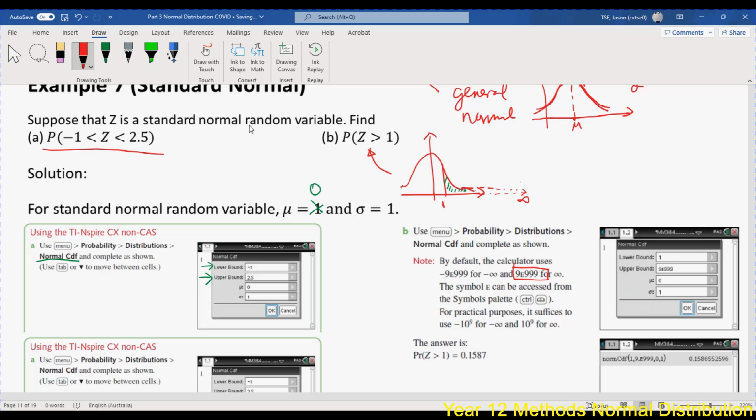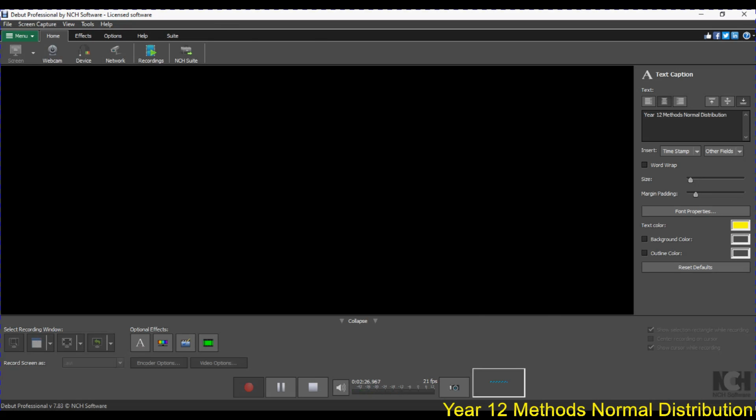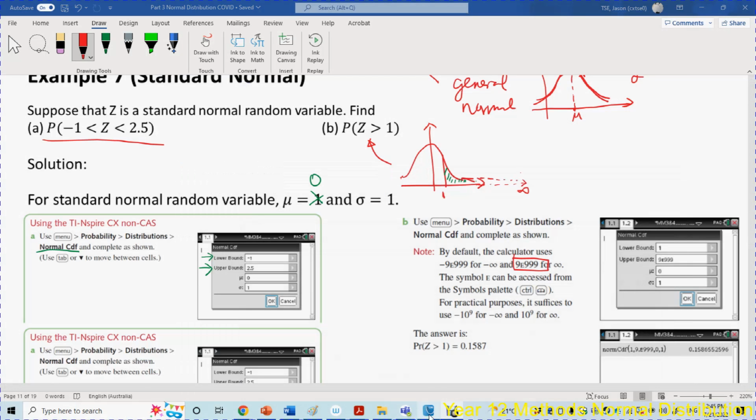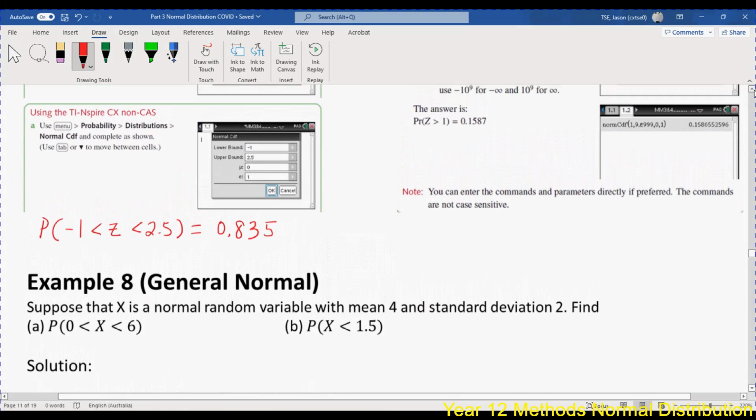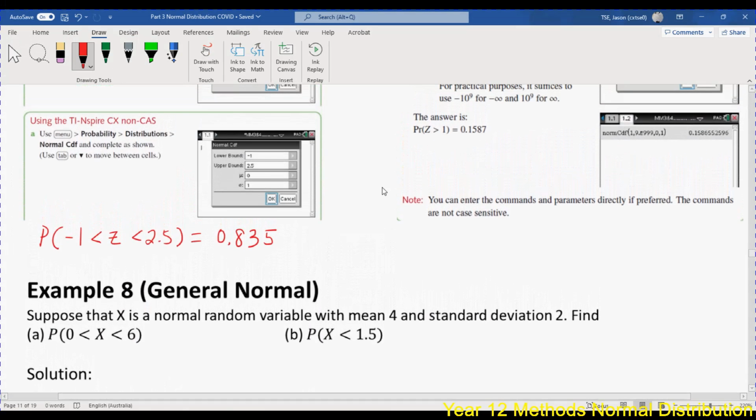But we can try different large values to see if you still get the same answer. So let's go back to our calculator. Remember your lower bound is 1 and your upper bound is infinity. Oh, sorry. You can write down your answer over here.